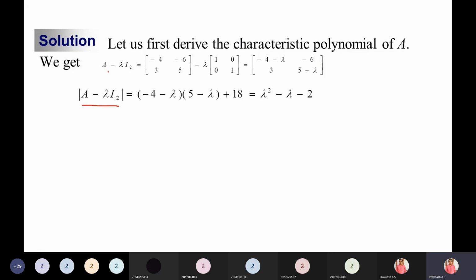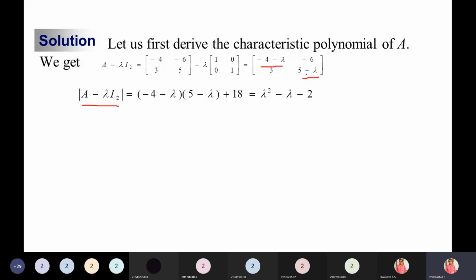So for A, we have to subtract lambda into I from the main diagonal elements of A. So -4 minus lambda, 5 minus lambda. Only these change. The remaining elements 3 and -6 are the same.